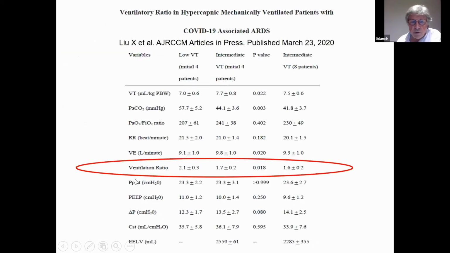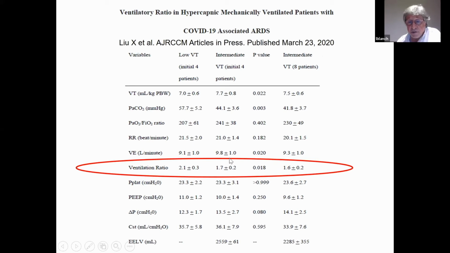The first report of ventilatory ratio in ARDS was done in March 23, 2020. It was just a report saying that in patients with low tidal ventilation, the ventilatory ratio is 2.1, and when this tidal volume was increased without, as you will see here, a dramatic increase in driving pressure, the ventilatory ratio goes down, and in another cohort of patients at this intermediate tidal volume it also went down.